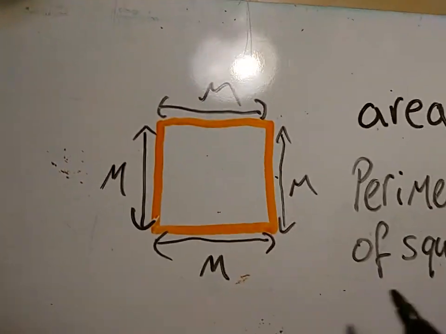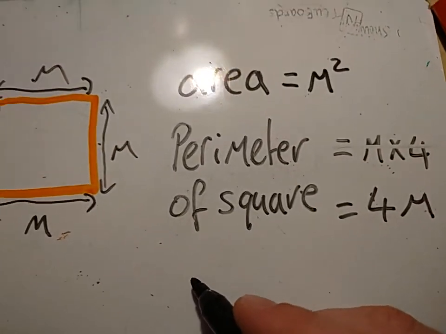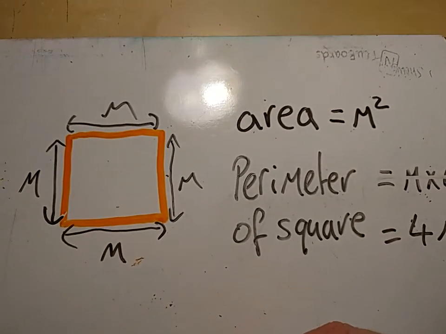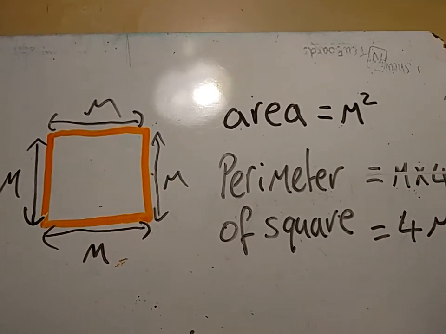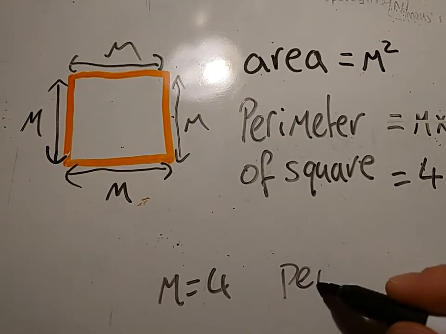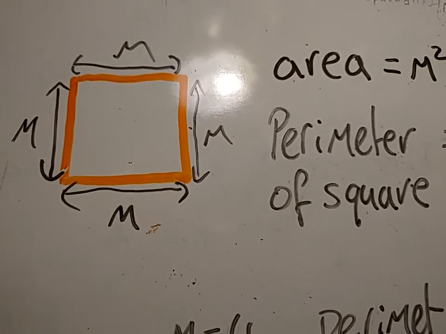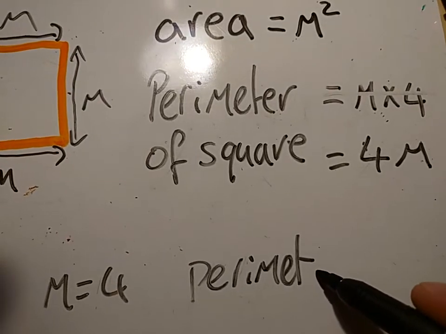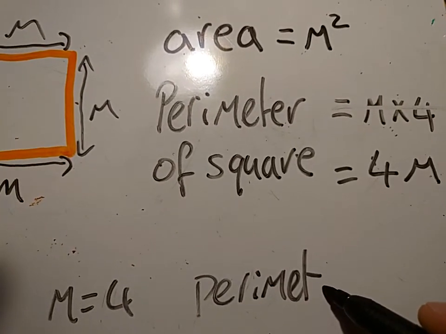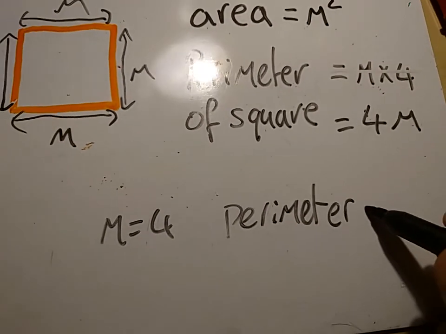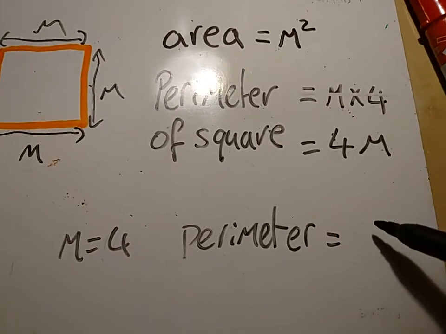So let's think again. What is the perimeter of my square where m equaled 4? Well, when m equals 4, perimeter, and remember I've chosen m just because it was a random letter. It can be any letter you like. Perimeter equals 4m.